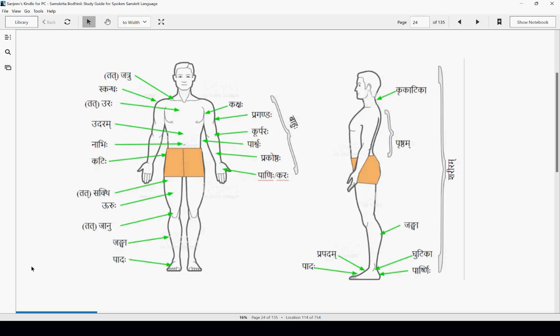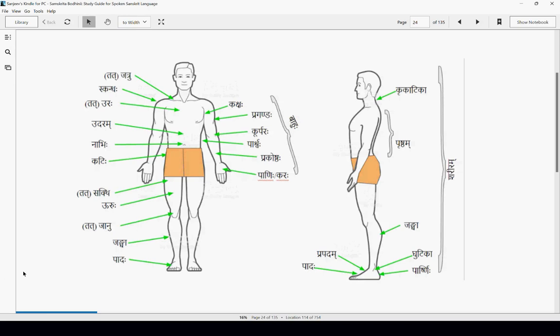That is the upper part of the arm, above the elbow. Kurparaha. That's elbow. Okay.